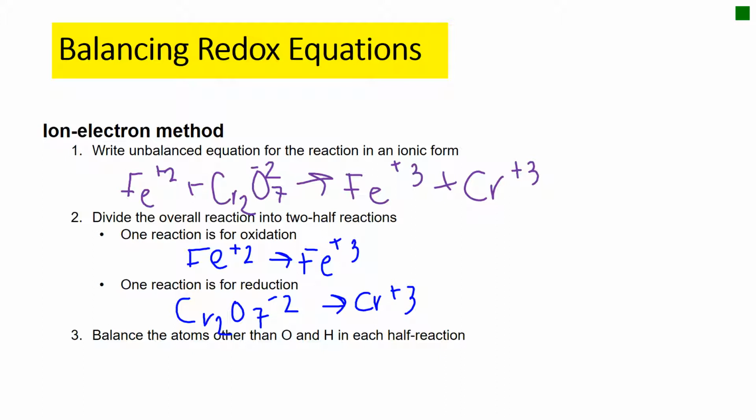Now, we are going to balance the atoms other than oxygen and hydrogen in each of the half reactions. So for the oxidation, it is going to be Fe2+ going to Fe3+ plus 1 electron, because on the right side we have 3 charges and on the left we have 2, so we have to add 1 electron to balance them out.